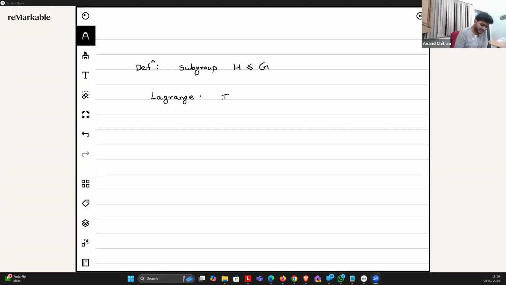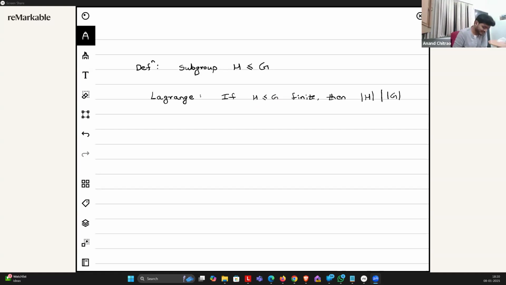So if H is a subgroup of G, both finite, then the order of H divides the order of G. Some other statement of Lagrange says that G can be written as a disjoint union of cosets of H, and the finite avatar of that theorem says that the cardinality of H divides the cardinality of G.